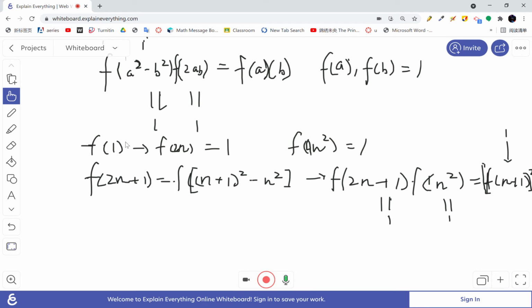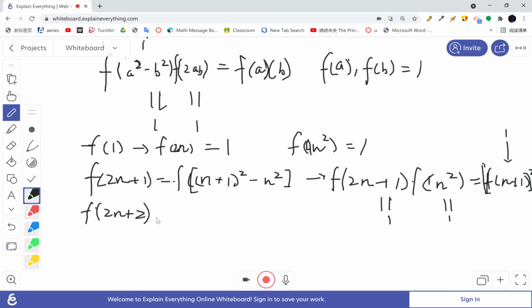Wait, then f of 2n plus 2. Then f of 2n plus 2. So f of 2n plus 2 is equal to this thing plus 1 square.